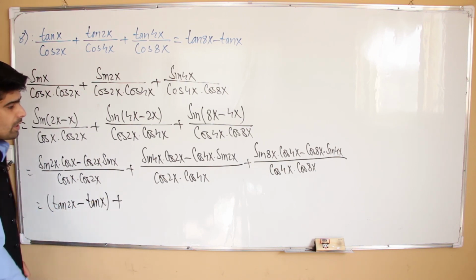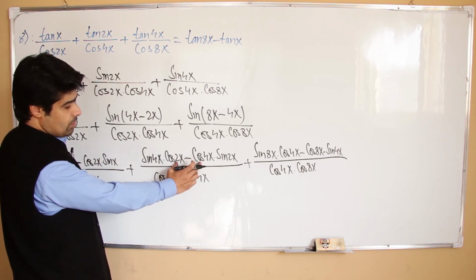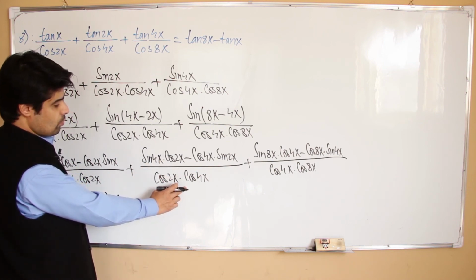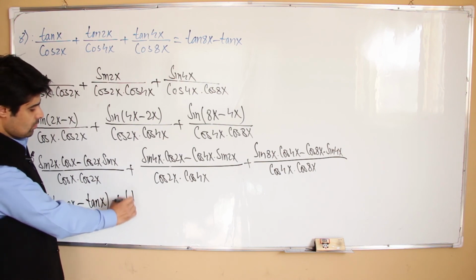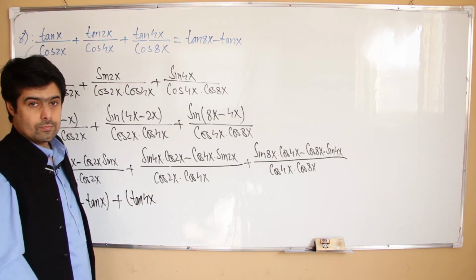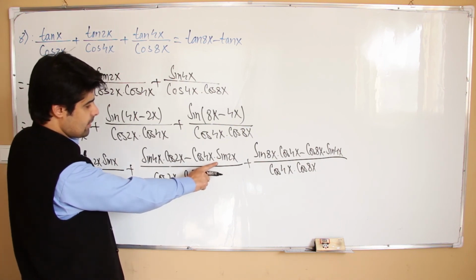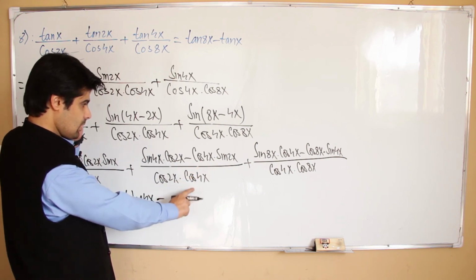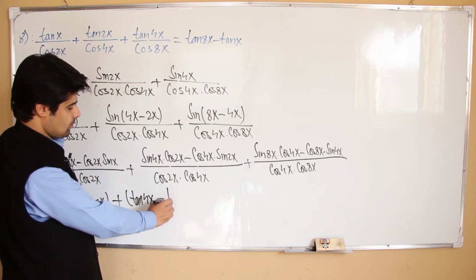Yes. Here also, division of a polynomial by a monomial. If I divide this one by this one, we will have a cancellation of cosine, sine by cosine, this is tangent. Right? Yes, minus. And if I divide this one by this one, we will have a cancellation of cosine, and the remaining is sine divided by cosine, which is tangent.